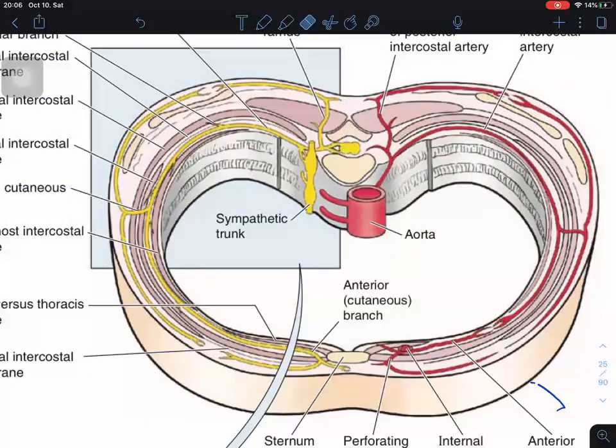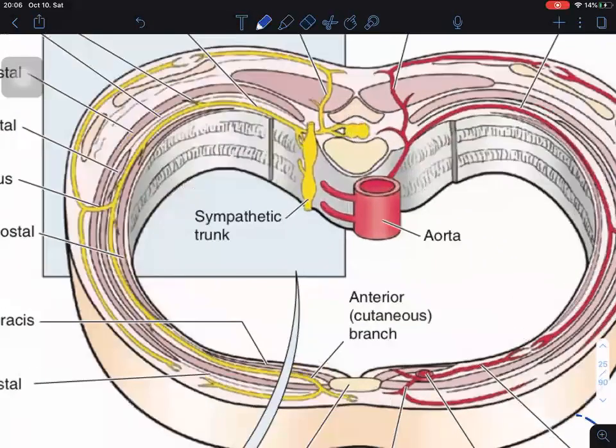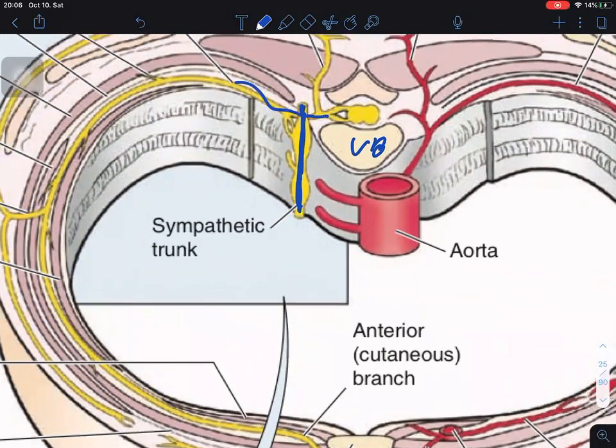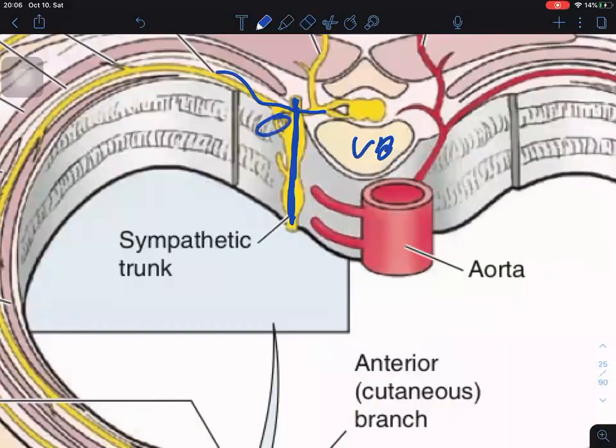Over here, we have the sympathetic trunk running anterolaterally to the vertebral body. We already talked about the connection between the anterior ramus and the sympathetic trunk, through the communicating nerves which we call rami communicantes.